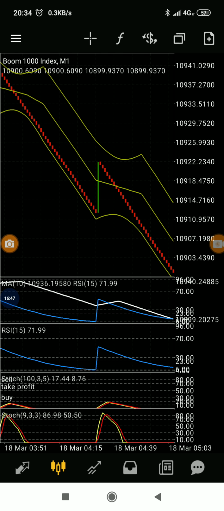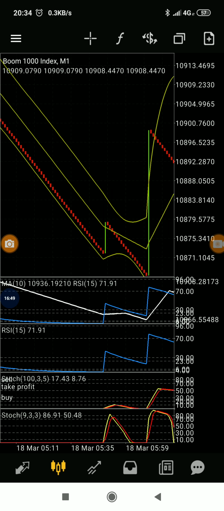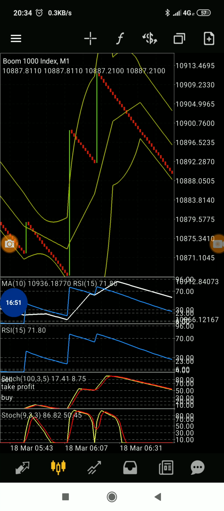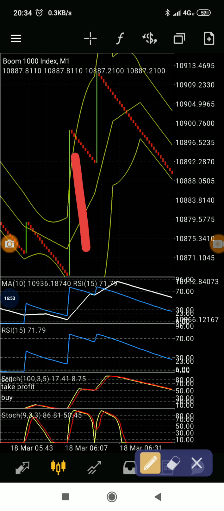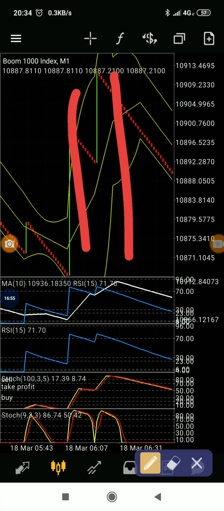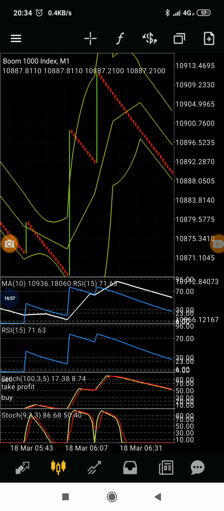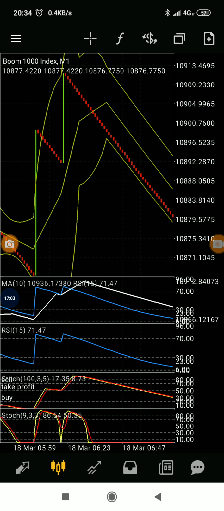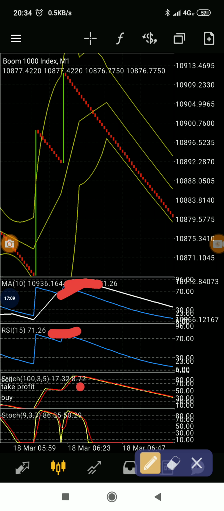Okay, let's look for other criteria. Look at here also. It went up like this, the Bollinger Band showing here means this buy is exhausted. And look at our condition: moving average, RSI, moving average 17, stochastic 17. You see, they are coming down.